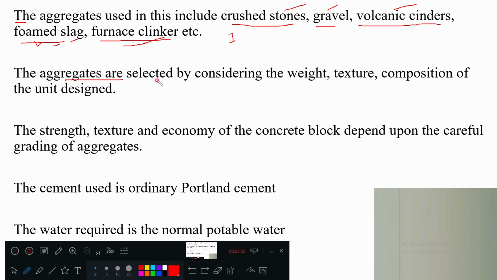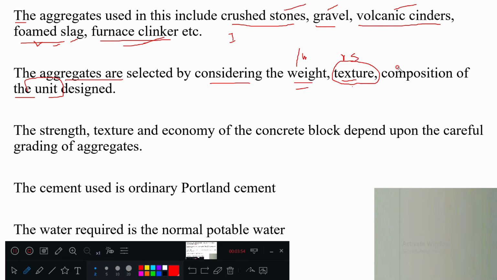The aggregates are selected by considering the weight, texture and composition of the unit design. So what do you mean by this? For making a strong cement concrete block, we need more unit weight or more specific gravity. For good bonding, we need rough textured aggregate, which provides strong bonding.